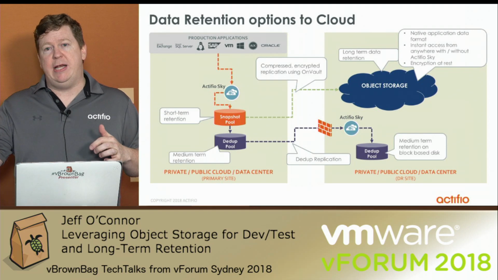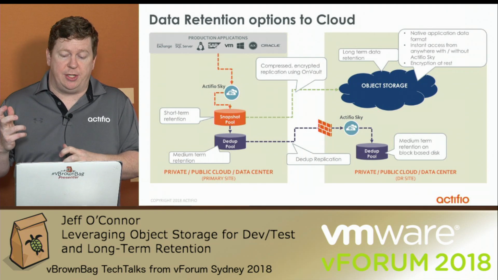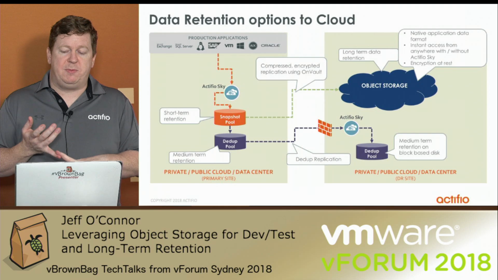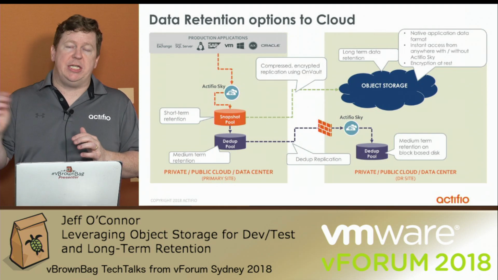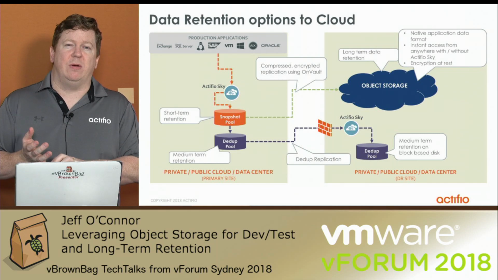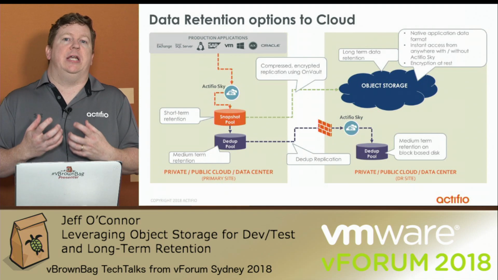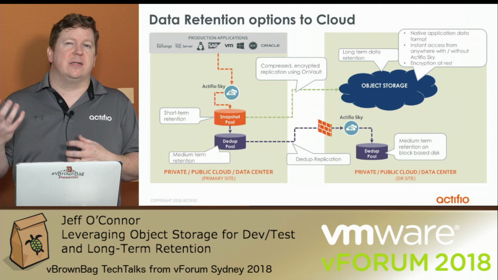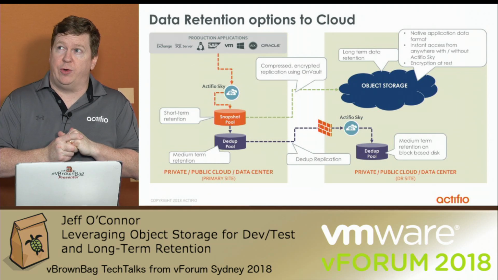But then following the green arrow, you can start to look at object storage for that medium and long-term retention, where the data is still compressed and encrypted at a low cost. Or likewise, you can still dedupe and replicate that data into a cloud. But the difference with this one is you need to have some software there to do that dedupe, ingest, and re-ingest. So it comes at a slightly higher cost because you're covering some compute there, not just storage.